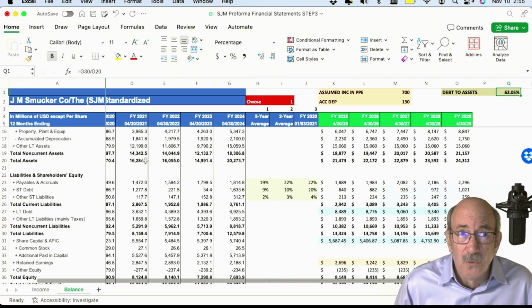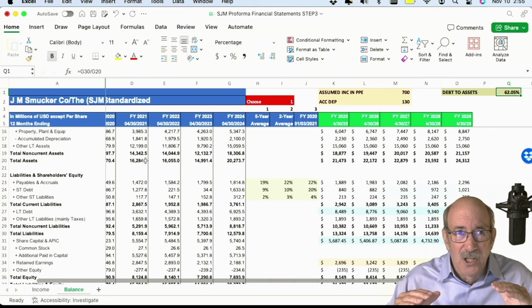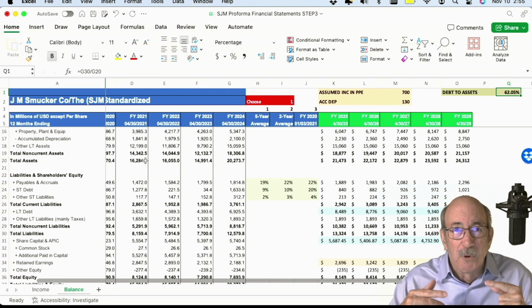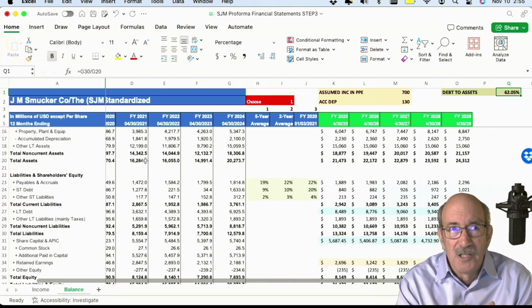And also read the 10-K management discussion and any other earnings calls, anything else that can give you a sense of whether Smucker's executive team thinks the debt level is too high, too low, or just about right. Remember, we're not consultants. We're trying to reflect what we think management is going to do. So we need to read everything they write about leverage and debt.